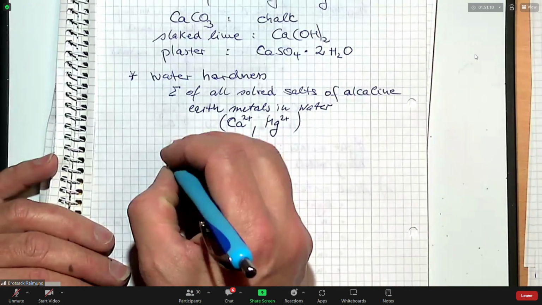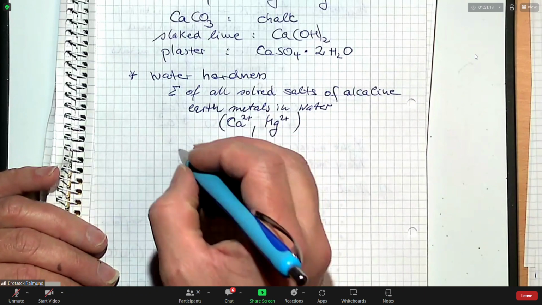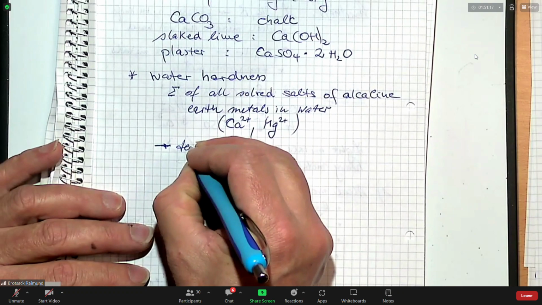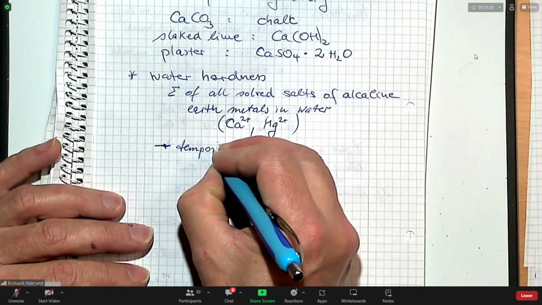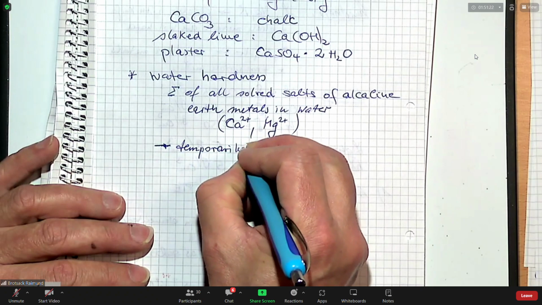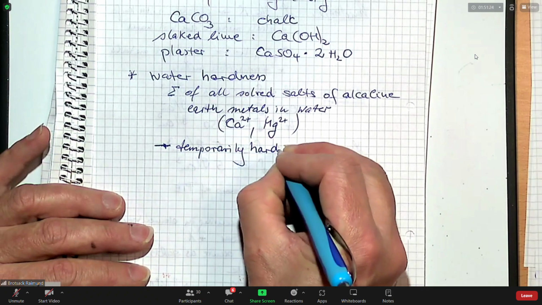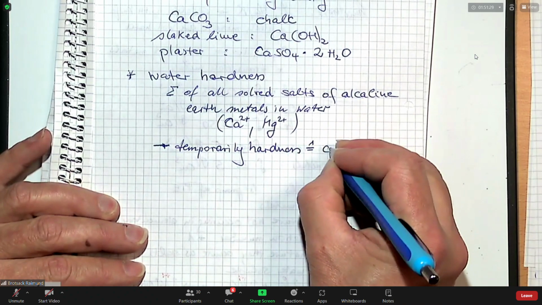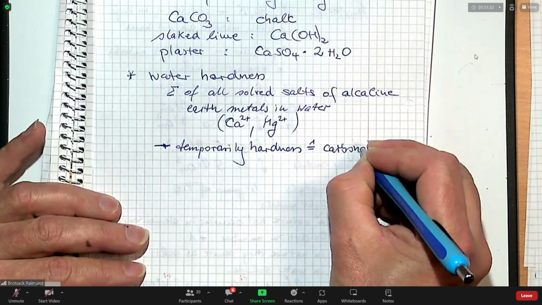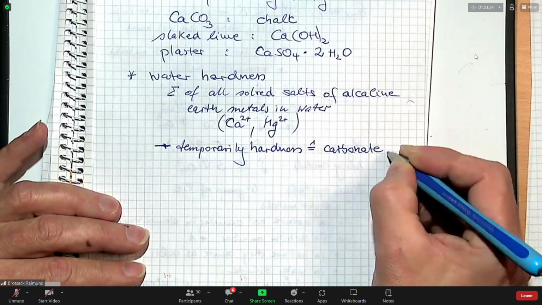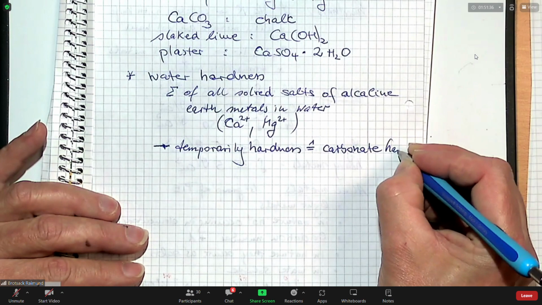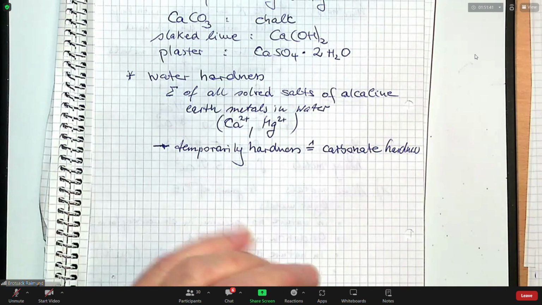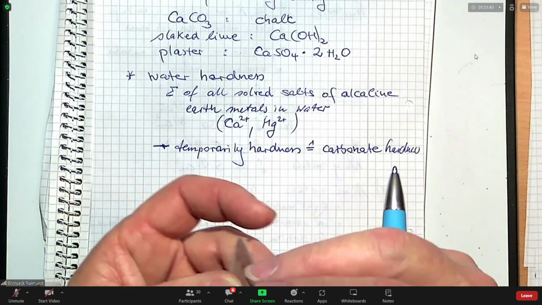The temporary hardness is the carbonate hardness. We have the carbonates and we have the sulfates of those alkaline earth metals.